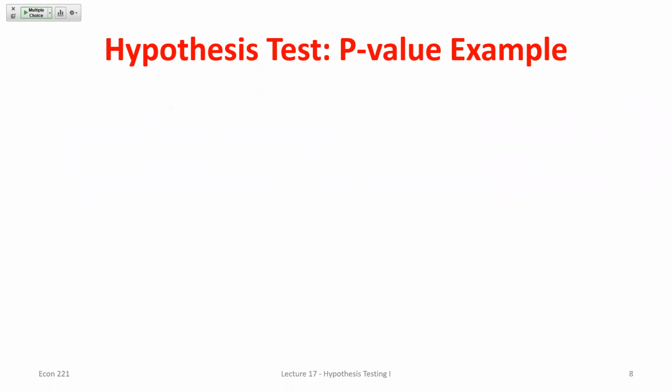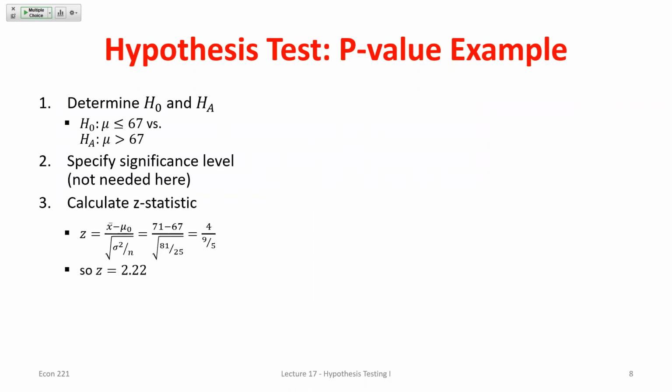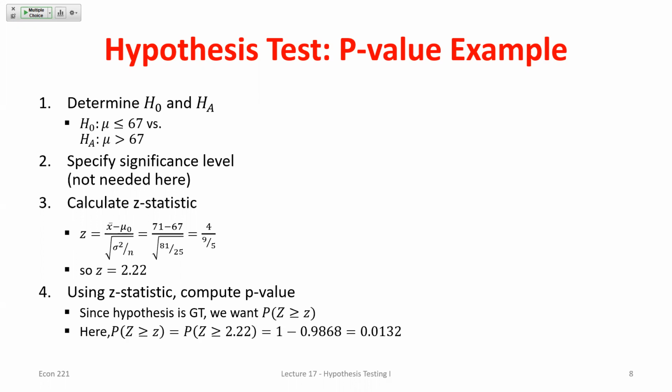I'm looking for the area to the right. So once I look up that value of 2.22, the probability I saw something 2.22 standard deviations above that assumed true value, or something even further, would be 1 minus that 0.9868. And then I think we actually get 0.0132 if we subtract that from 1.